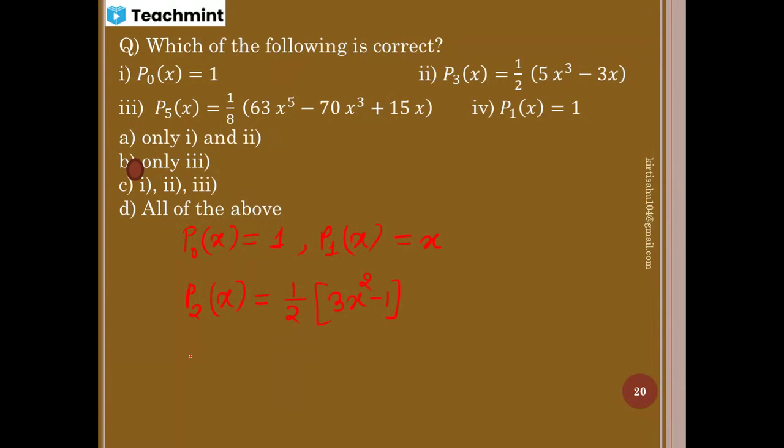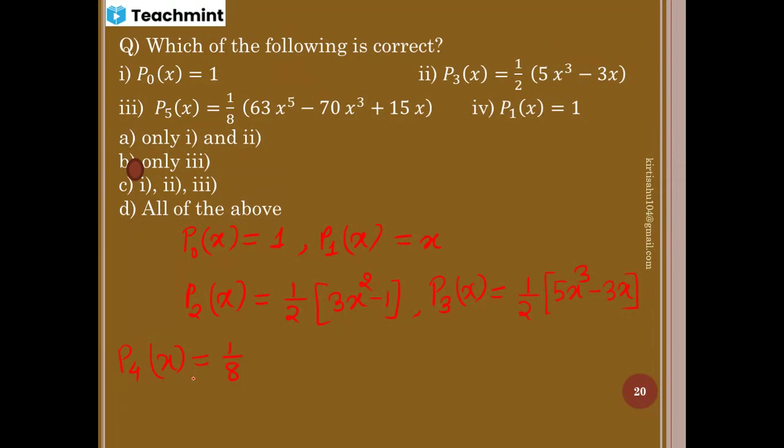Then we want next P3 of x. Let me write P3 of x also. So P3 of x is half of 5x cube minus 3x. Then we want P4 of x. So I will suggest you to at least remember the values up to P5.